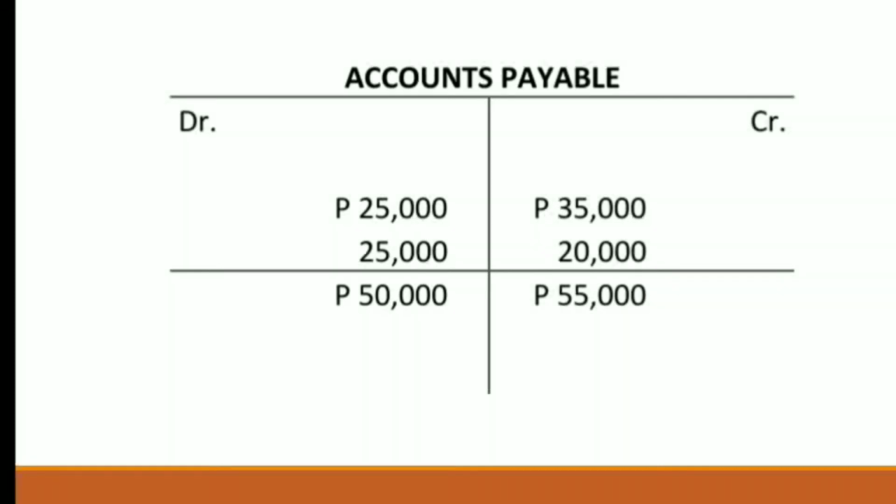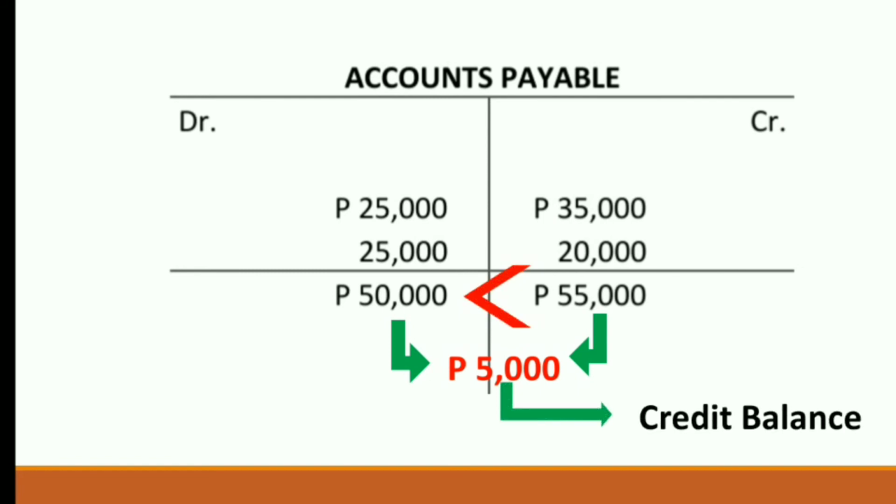So 50,000 pesos debit total and 55,000 pesos credit total. Therefore, there is an account balance of 5,000 pesos. And since the debit total is less than the credit total, ibig sabihin, mas malaki ang credit total kaysa debit total niya. So therefore, the 5,000 pesos account balance is a credit balance.